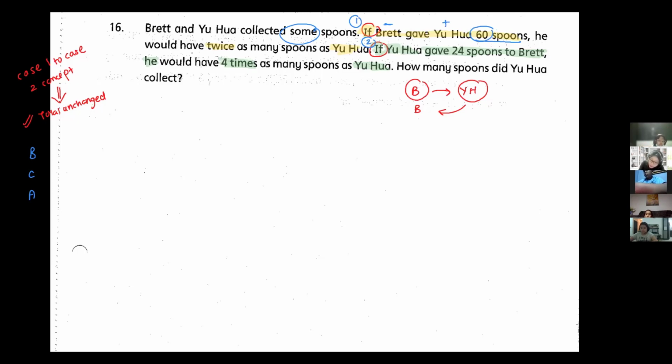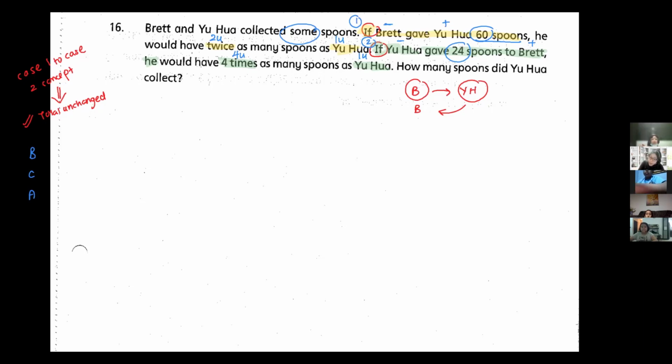He would have twice, meaning 2 units, Yuhua is 1 unit. That is box number 1. Then box number 2: if Yuhua gave 24 spoons to Brett, Yuhua is minus 24, Brett is plus 24. The he here is Brett. Brett will have 4 units, 4 times as many as Yuhua.